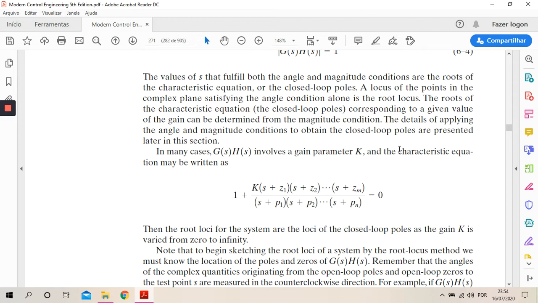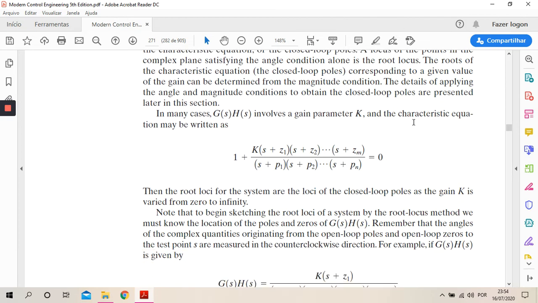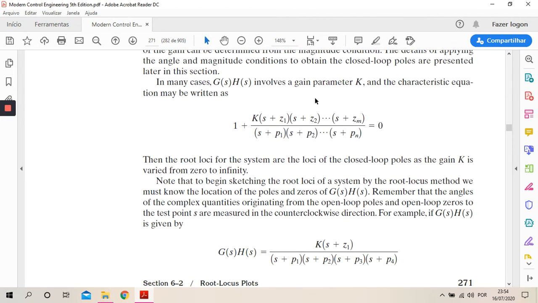The roots of the characteristic equation, the closed loop poles corresponding to a given value of the gain, can be determined from the magnitude condition. The details of applying the angle and magnitude conditions to obtain the closed loop poles are presented later in this section. Okay, we are going to jump here because knowing this is not necessary.